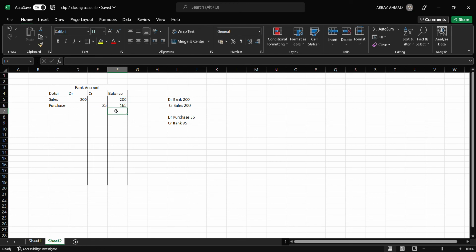And then if let's say there is another debit, you receive the money from trade receivable, so you debit bank and you credit your trade receivable, let's say 400. So you write here trade receivable, you receive the money, so debit, and then you plus because debit is plus.